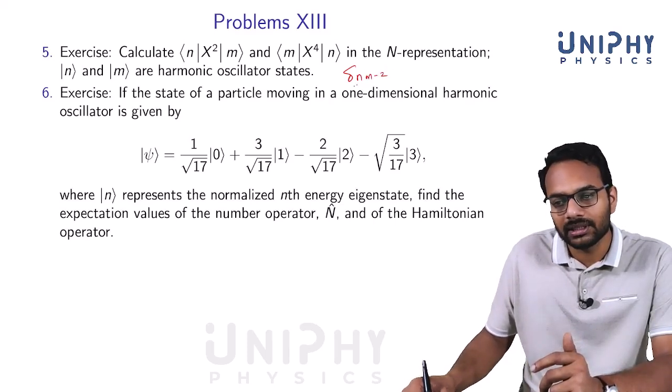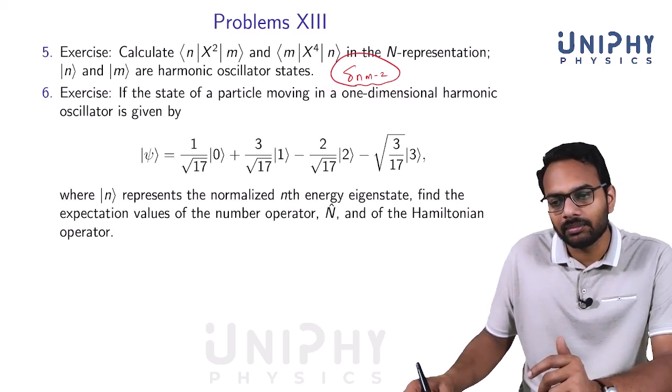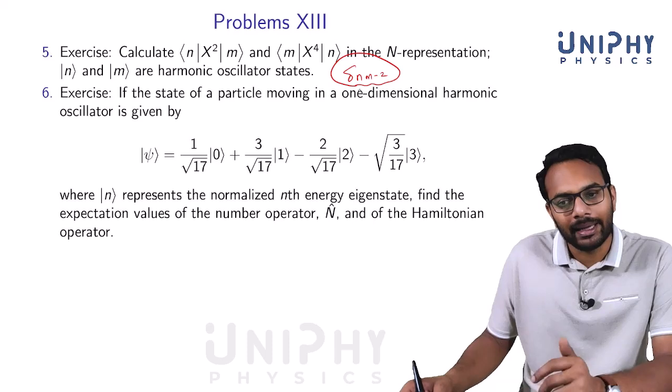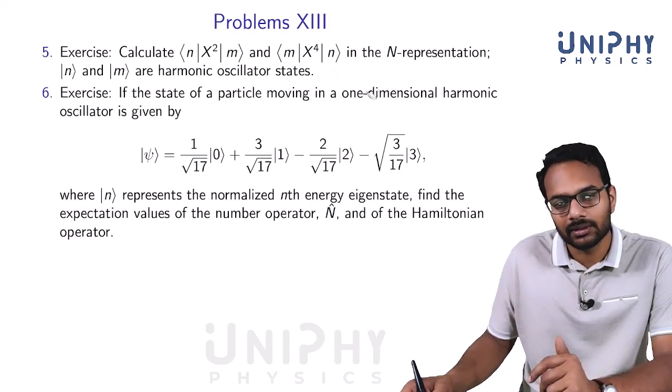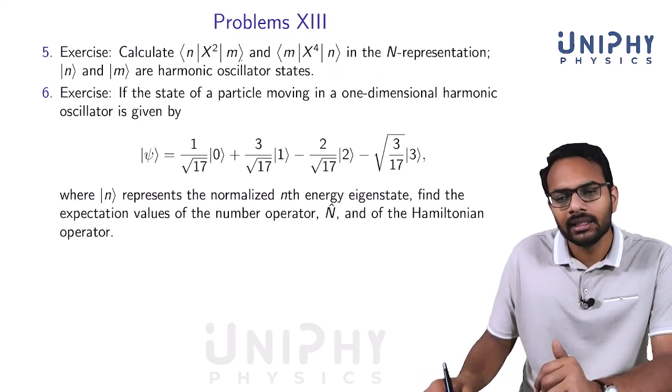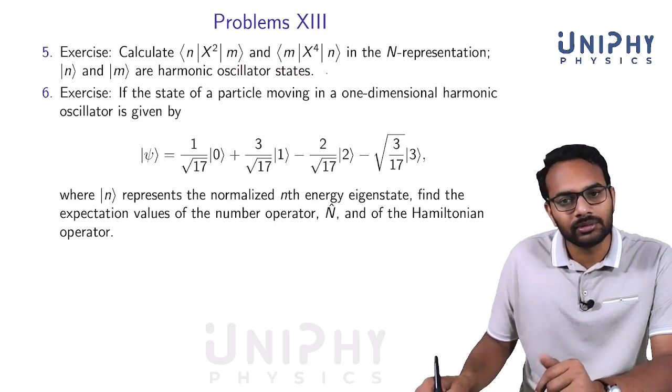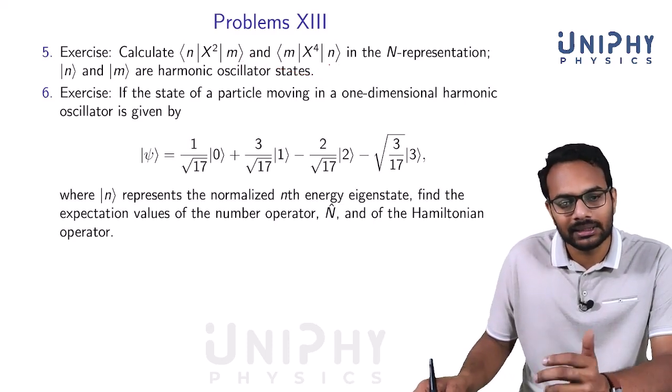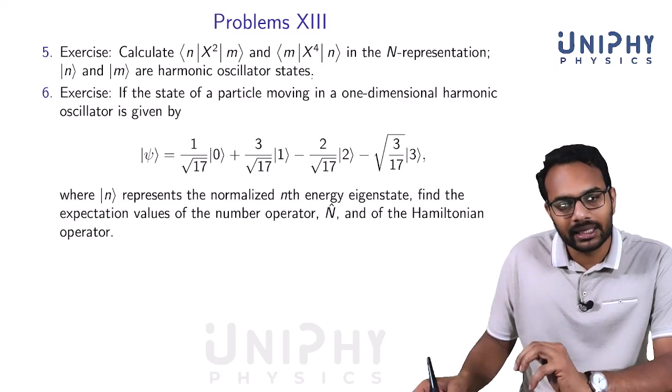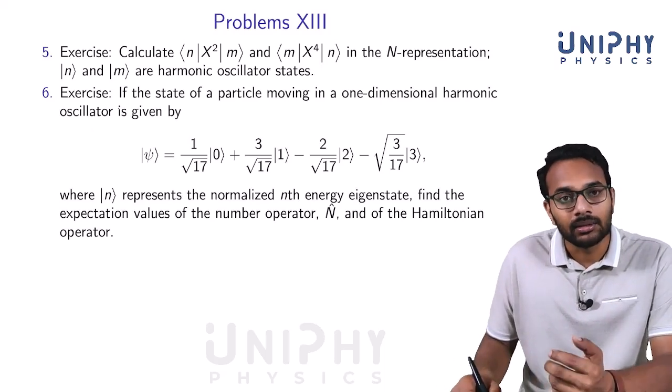There will be terms involving delta n, m minus 2. This means that the only non-zero term corresponds to n comma m minus 2, etc. Okay, and you will see that you can write the answer in terms of the Kronecker deltas. All right, so please try this out. See whether we can write it in a nice and simple form.